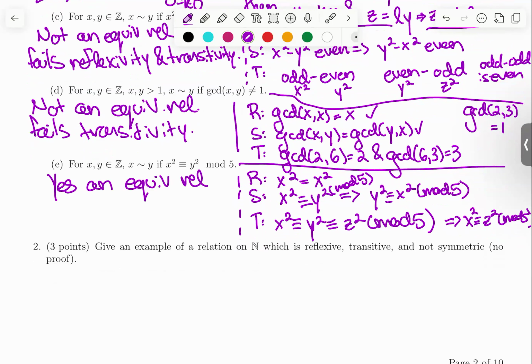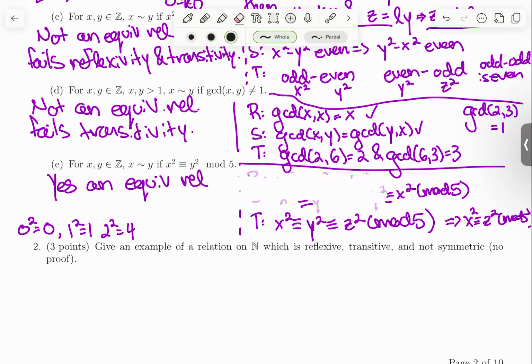And then here's where stuff starts to get sticky, right? So who do we need to look at? 0 squared is just 0. 1 squared is 1. 2 squared is 4. Okay, I'm going to erase all this stuff now because I need more room.